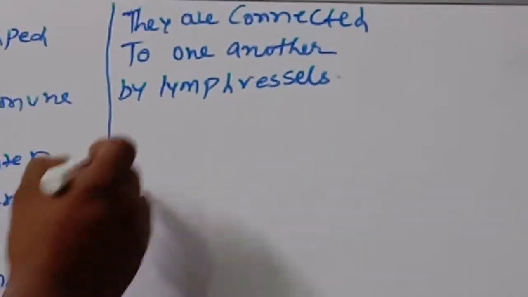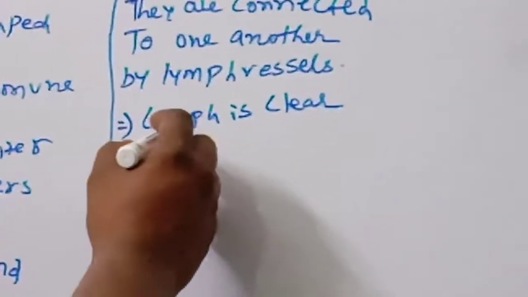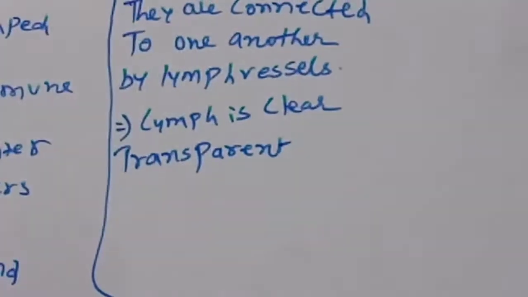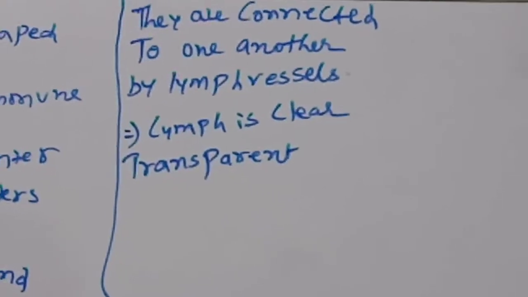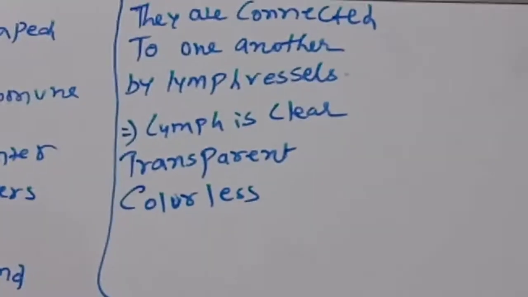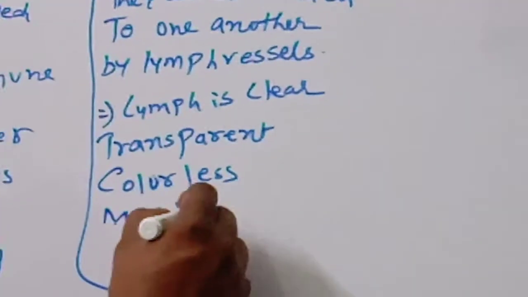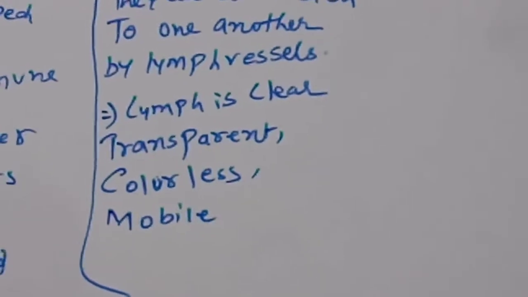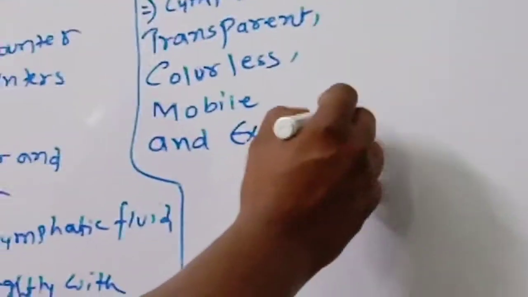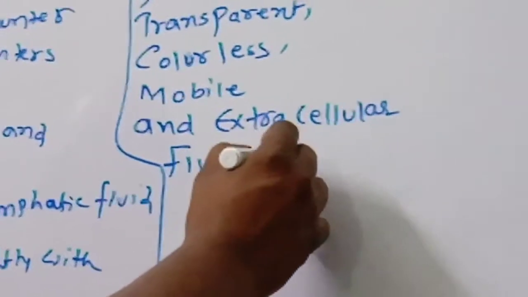Okay, children, lymph is clear, transparent, colorless, mobile, and what you call extracellular fluid connective tissue.